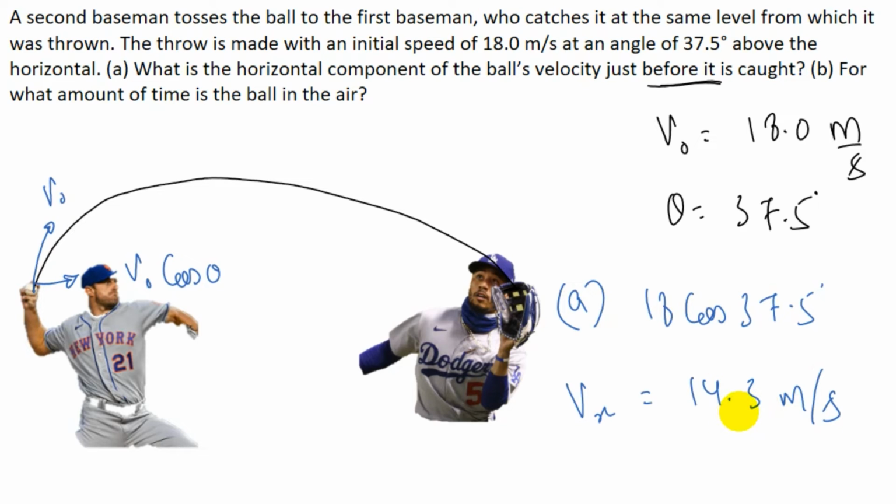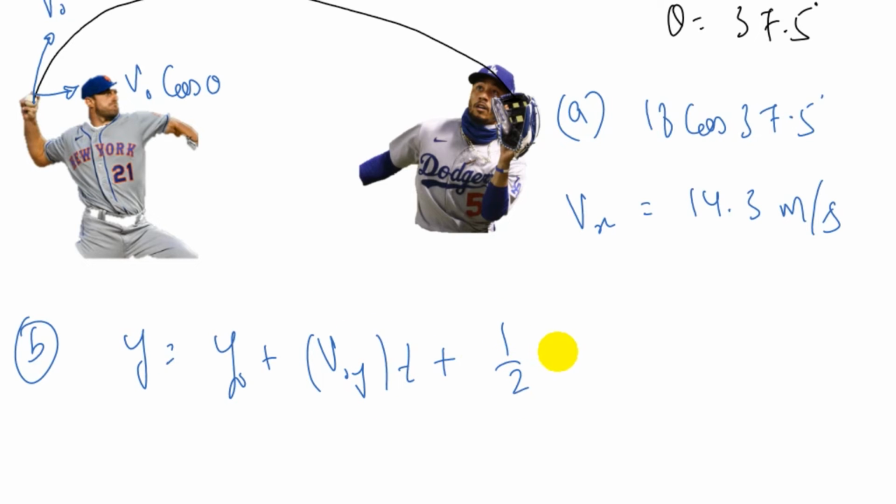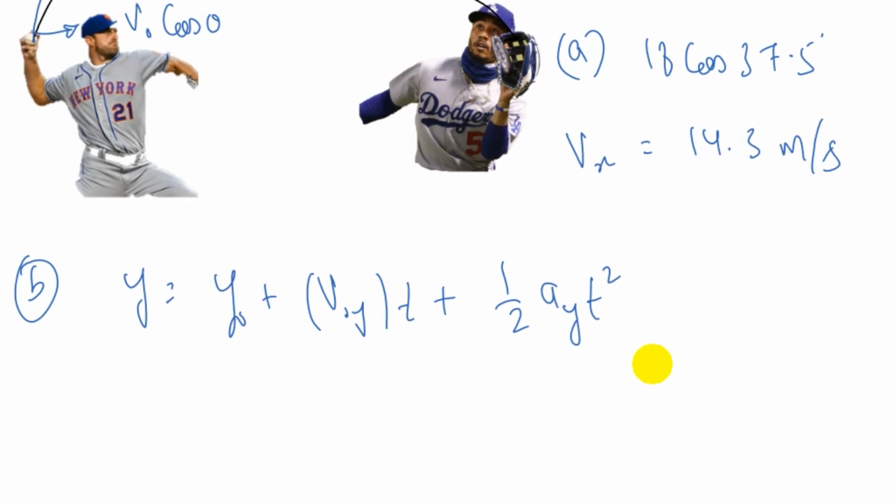Now next, in the B part, we need to find the time of flight. It's pretty simple. We can use this equation: y equals y naught plus v naught y times t plus 1 over 2 a y t squared. Otherwise, you can use the formula that we have derived for the time of flight, but I'm doing it from the basics.